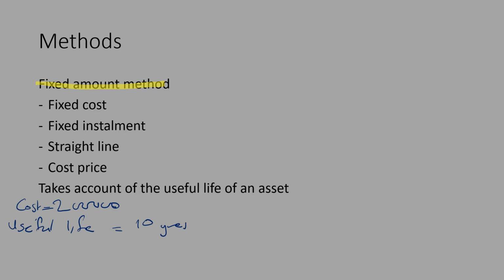So basically, when I'm calculating constant depreciation, my asset is worth 200,000 and it's got an estimated useful life of 10 years. So my depreciation will basically be 200,000 divided by the 10 years, because after 10 years that particular asset will be fully depreciated, which gives me 20,000.